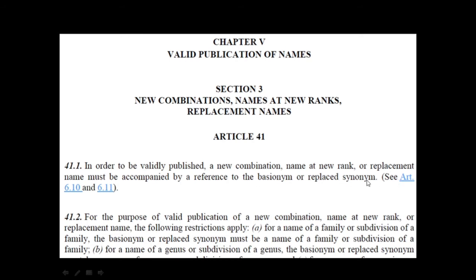When combinations are made, that is, when one species is transferred from the old genus to another genus, the citation of the new name should be followed by a citation of the old name, and that is known as the basionym.